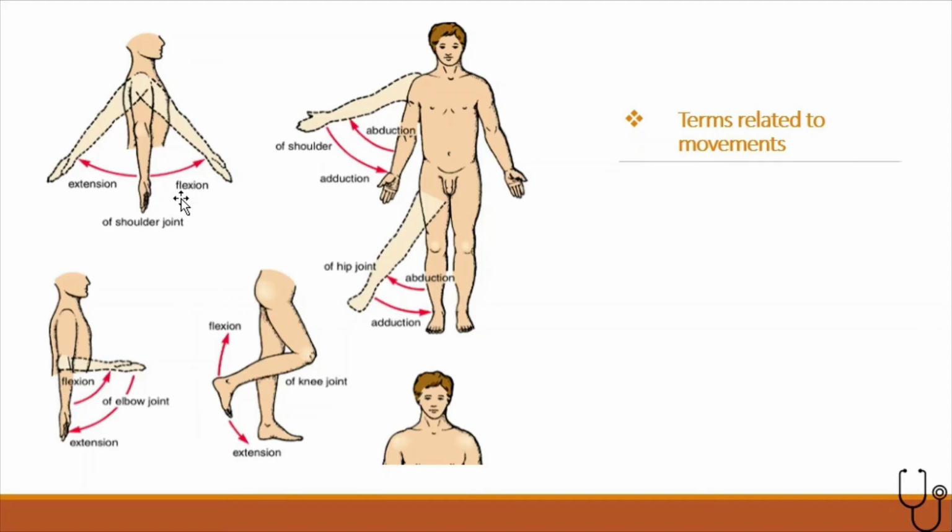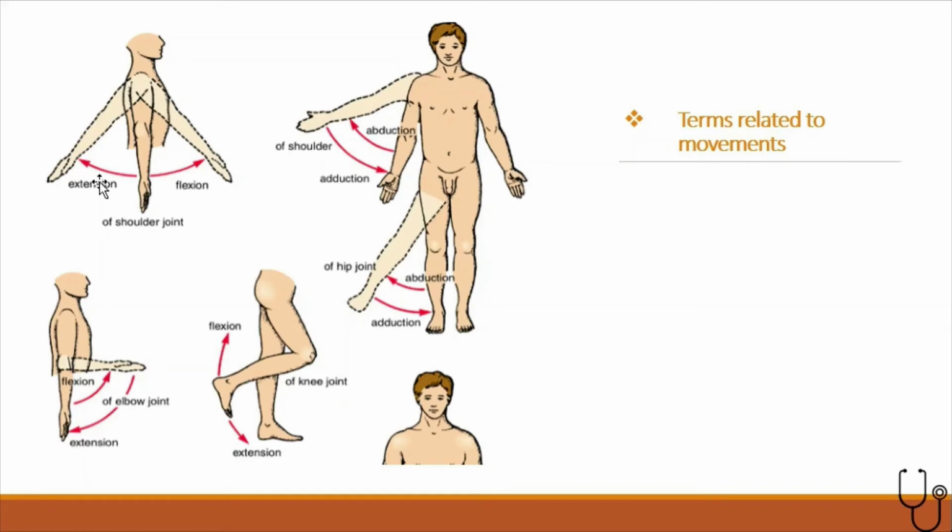So in this picture, the flexion of the shoulder joint is an anterior movement, but the flexion of the knee joint is a posterior movement. That means flexion is usually an anterior movement, but sometimes it can also be a posterior movement.